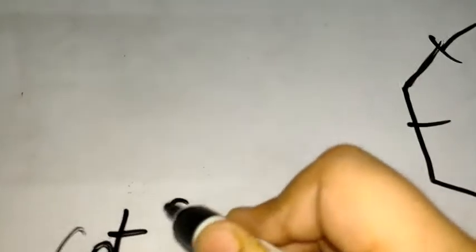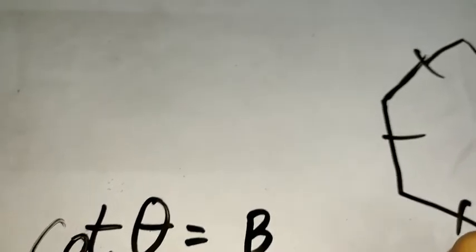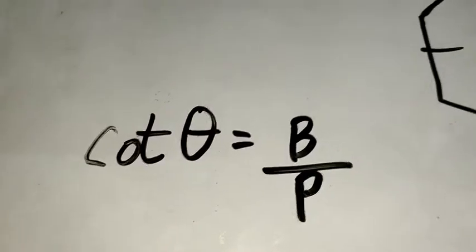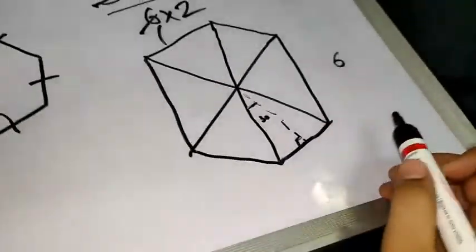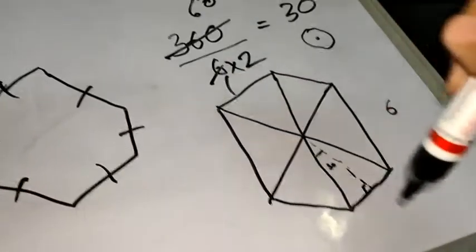If we apply cot theta, cot theta is actually the base upon the perpendicular, right? Now what I have done in my formula is that I have applied all of this. First we will take out the area of this right angle triangle and then multiply it, right?